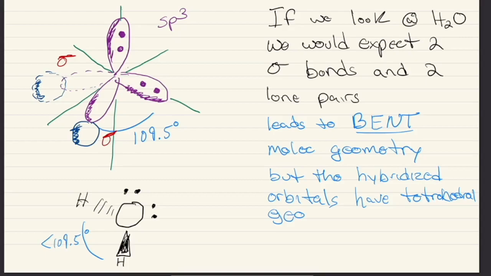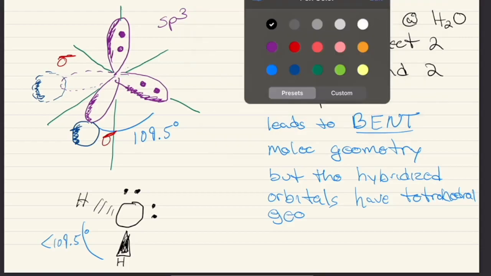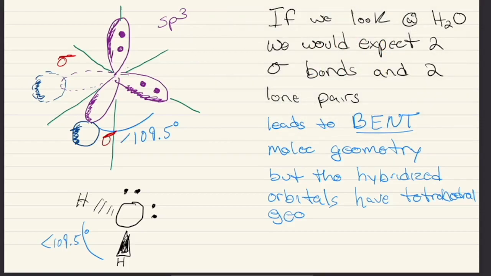But the hybridized orbitals still have tetrahedral geometry, and we would expect that this bond angle be less than 109.5, due to, well, this bond angle, I apologize, will be greater than 109.5, but this bond angle would be less than 109.5, right? Because the lone pairs repel more than the bonding domains, right?